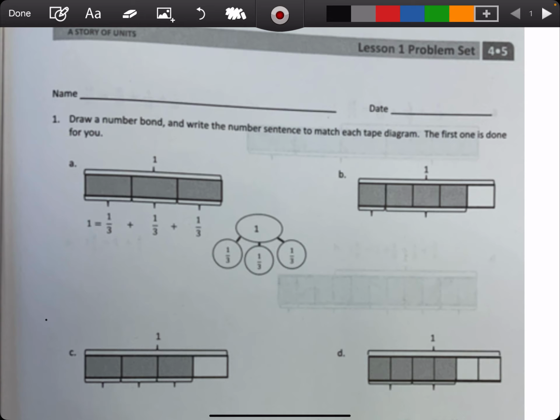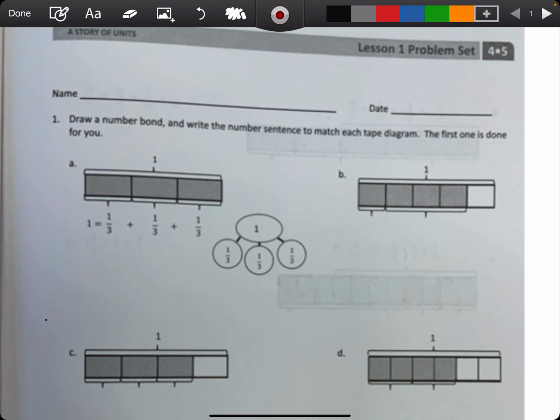All right, it'll be easier for you here to see it in 1B, okay? Here is our tape diagram, okay? Now, when you get a tape diagram, first thing I want you to do is to count how many equal pieces we have all together. Doesn't matter if they're shaded or not, how many equal pieces do we have all together in the whole?